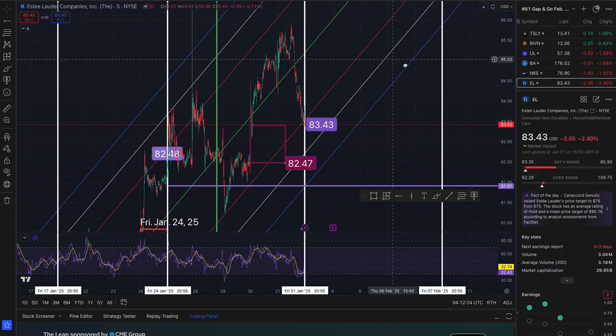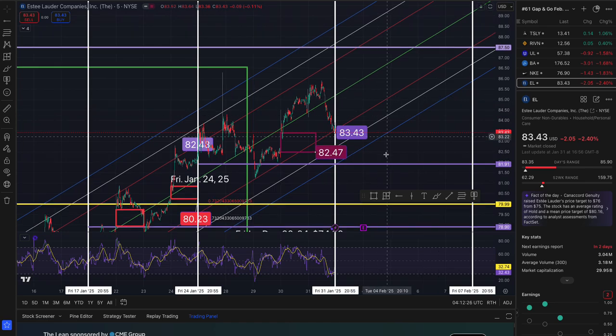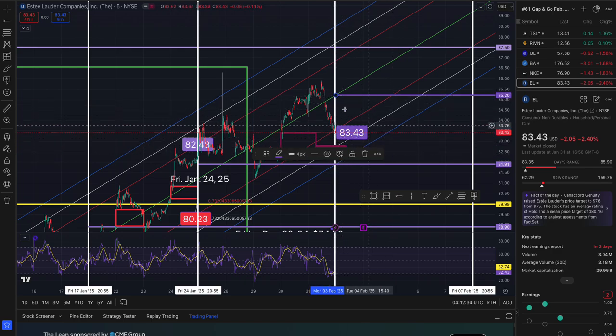Estee Lauder. We are at one level of support to the north side, 85.20, 86.81, 87.67, 88.52 to the south side.